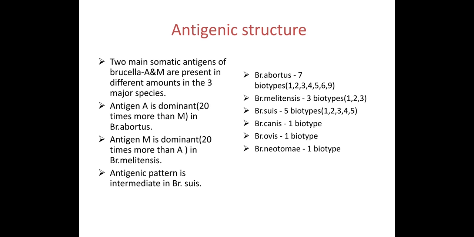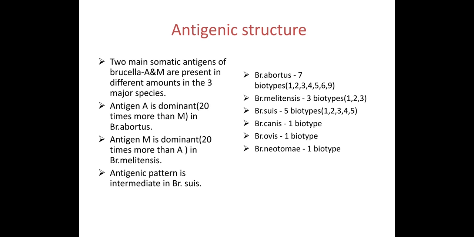The antigen was named A antigen because the proportion of this A antigen is more in Brucella abortus. Similarly, the proportion of M antigen is more in Brucella melitensis. Brucella suis exhibits almost equal proportions of both A and M antigens.